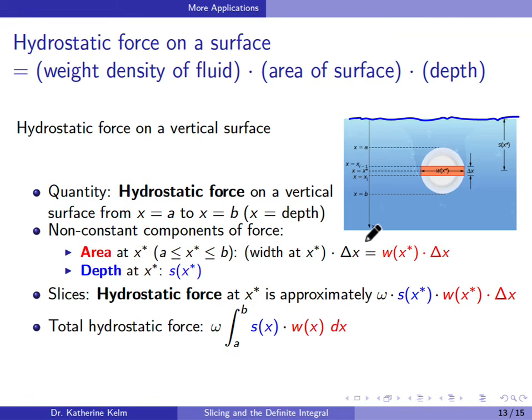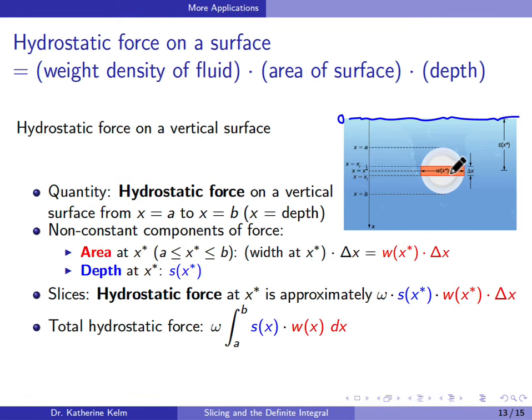So in practice, we would set up the problem by determining a coordinate system that made sense for the problem. We could use 0 at the surface of the fluid and work down from there. Or in this case, this is a round plate, and I might consider making 0 the center of the plate, because that will make it easier to compute the width using geometry. But that's for another video.